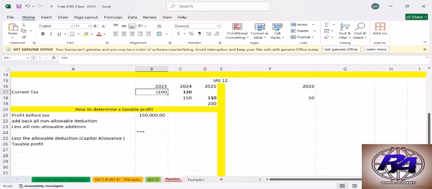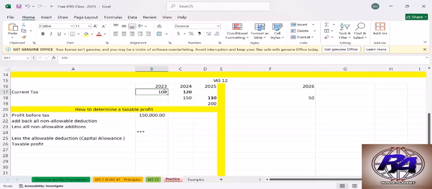Assuming this year, the provision we made is 100. Now the tax authorities will come and check what we have made and what we have to pay. What you have to pay based on the tax authorities' audit is $120, but what you have provided for is 100. This is where the issue of over provision or under provision sets in.